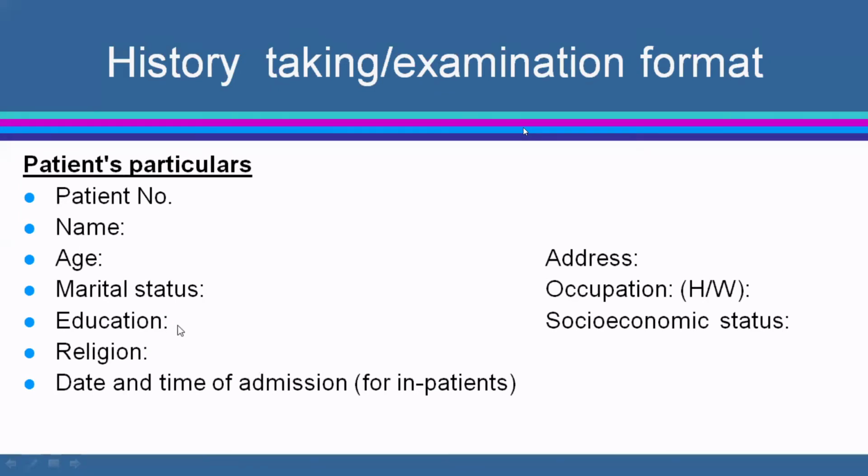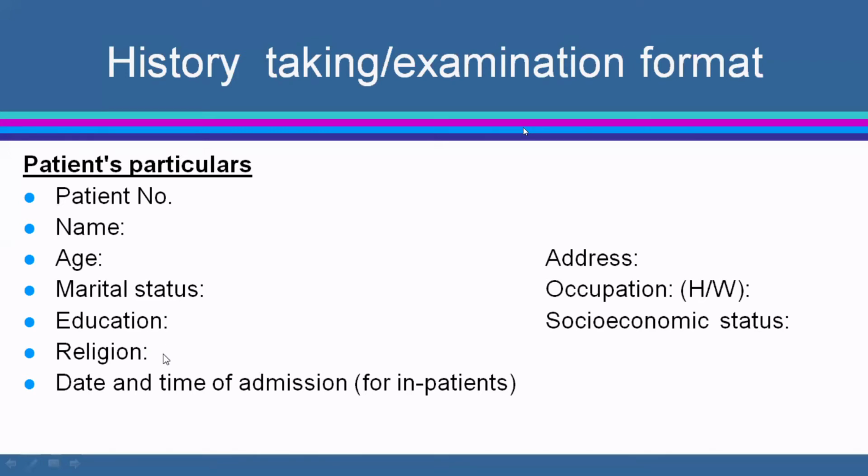Educational status, because you can communicate with a more educated patient more effectively, and you have to use very simple language if she is not educated. Even with laymen, we need to comprehend in very simple language.